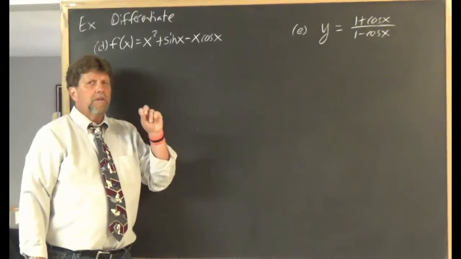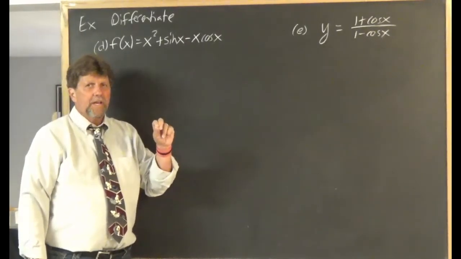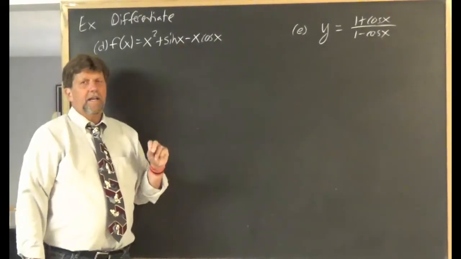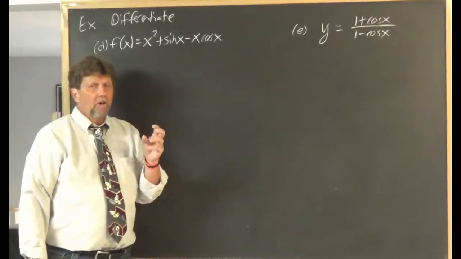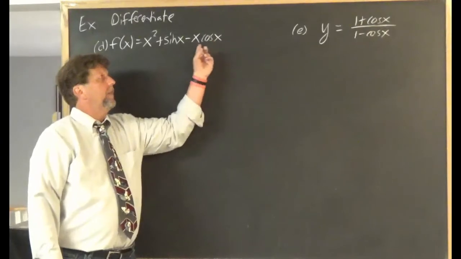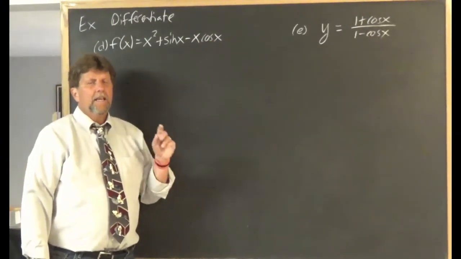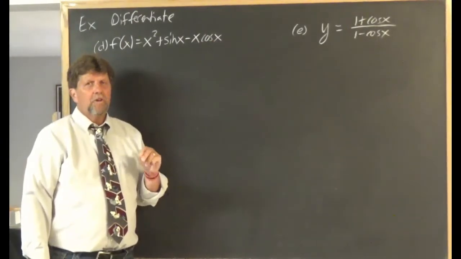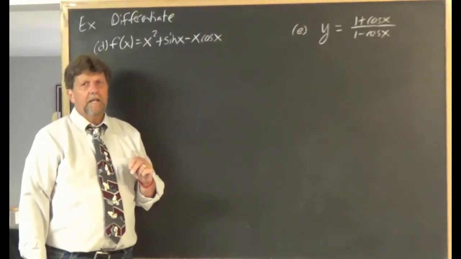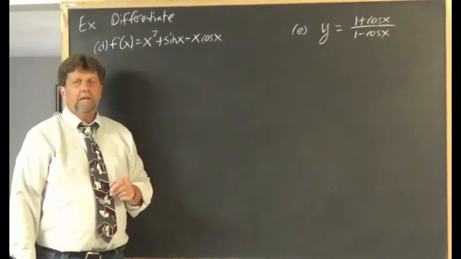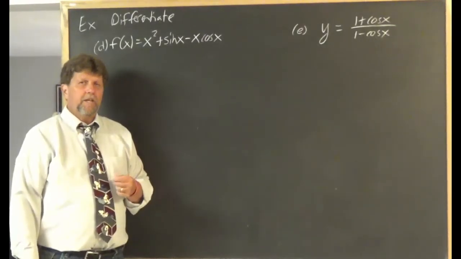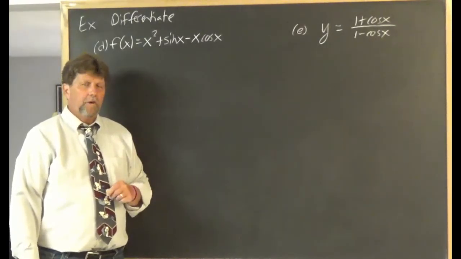But look what is preceding that, x cosine x. It's a minus sign. So I would put the result of the product rule on this x cosine x inside parentheses to make sure I do not make a careless sign mistake. Pause the video, do parts D and E, restart the video when you're done. Hopefully you'll have the correct answer.